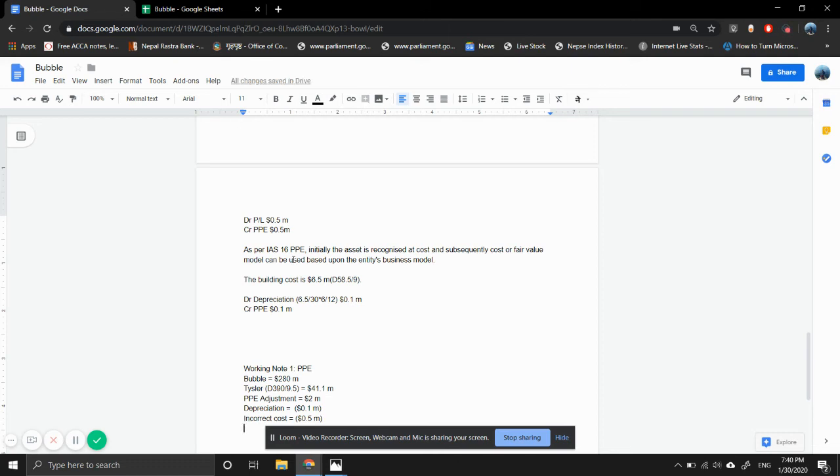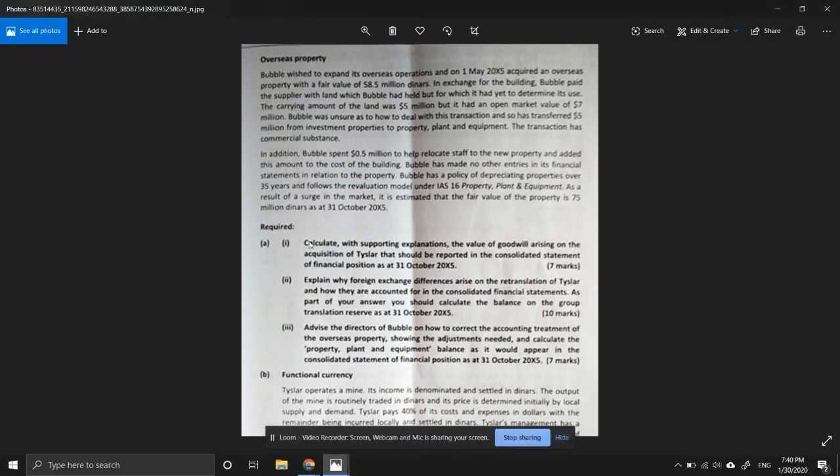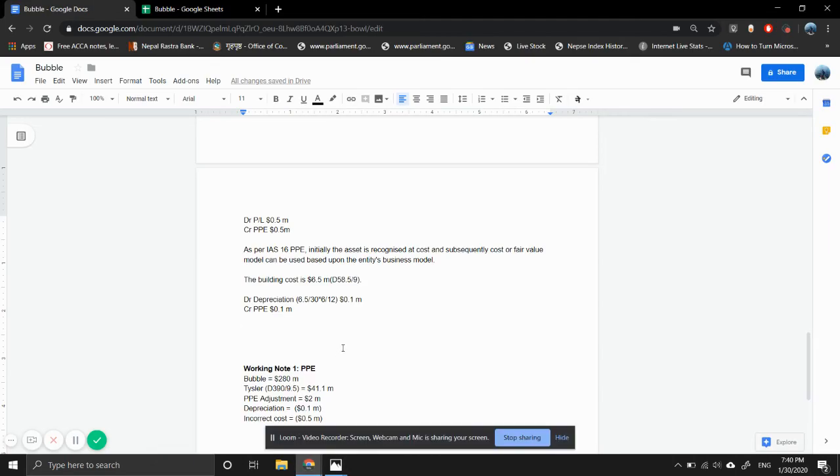And then after that, there is something else that we need to read properly over here. What has happened now is that it is estimated that the property has increased to 75 million dinar.